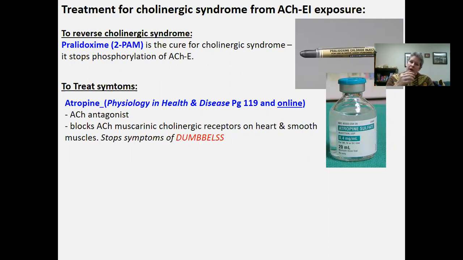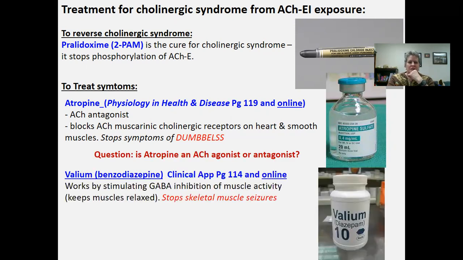Now, what atropine won't really do though is treat the skeletal muscle seizures. Because atropine is for muscarinic cholinergic responses. For the nicotinic cholinergic responses, you would need to give Valium, a benzodiazepine.